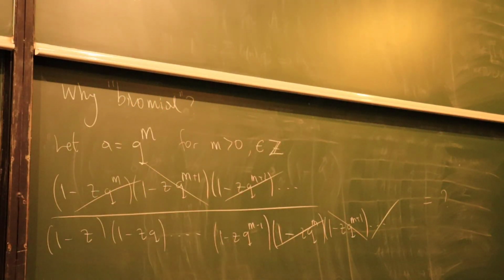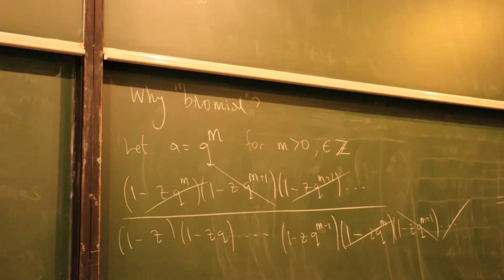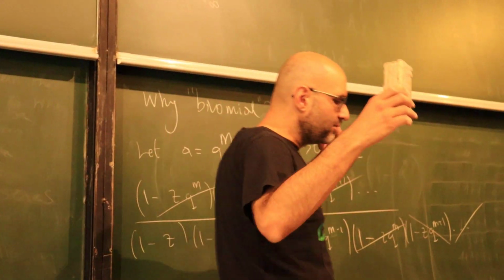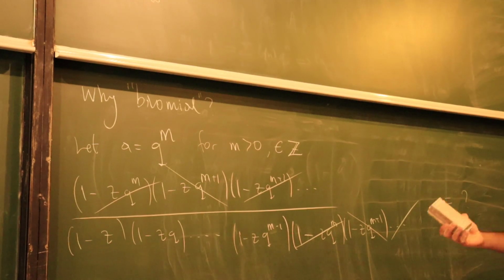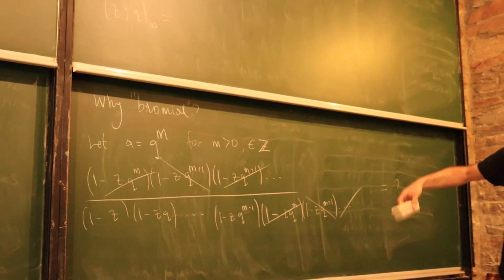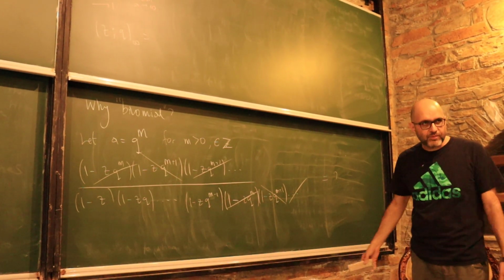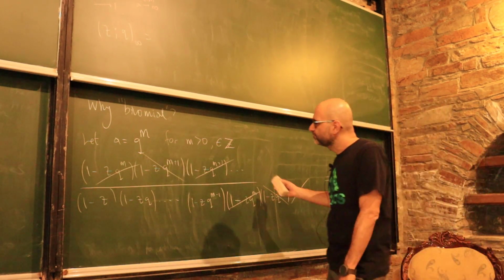We can do it in two different ways. Either you find a different formula relating one q-Pochhammer symbol to another, or you just replace things by the definition and do the algebraic manipulations. We'll go the second way.